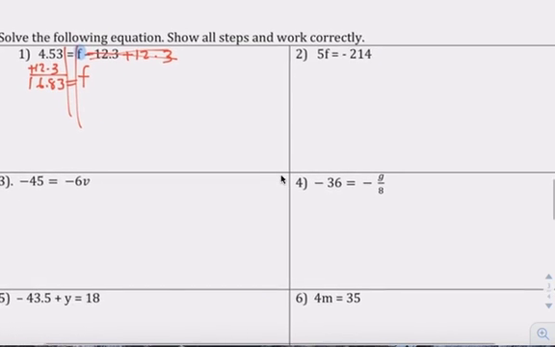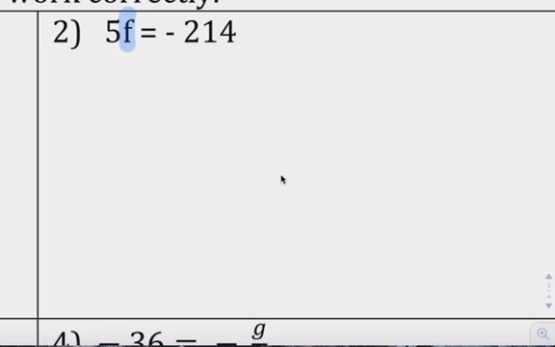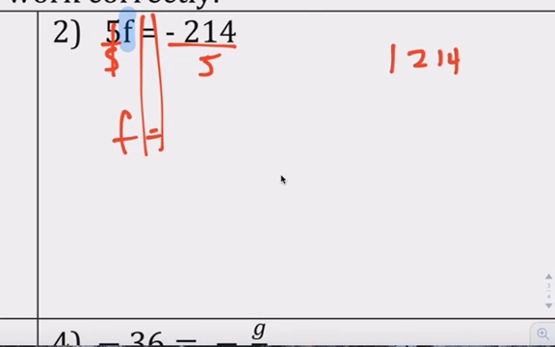Okay, number 2 here, on the side of the variable is multiply, therefore you're going to divide by 5. F is equal, so here 214 divided by 5. 21 divided by 5 is 4, sorry.